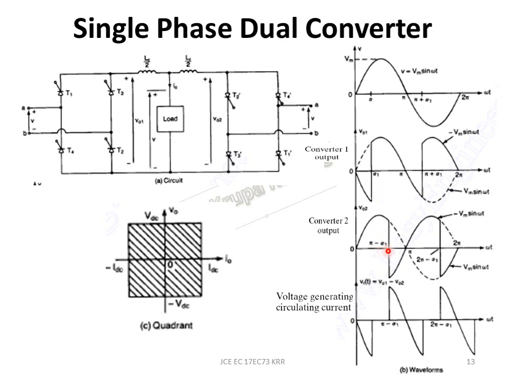Then the waveform, because I'm going to get an inverted picture here, will look like this from this side, and that is the output of converter 2. Now, if I look at converter 1 output and converter 2 output, both of them are working as a full converter.